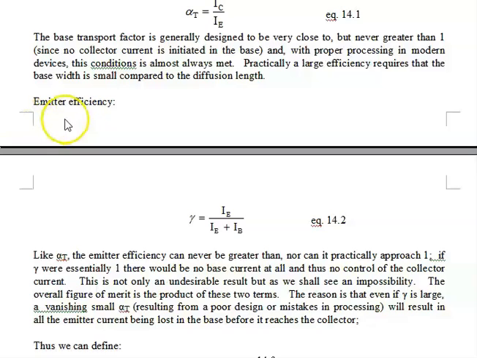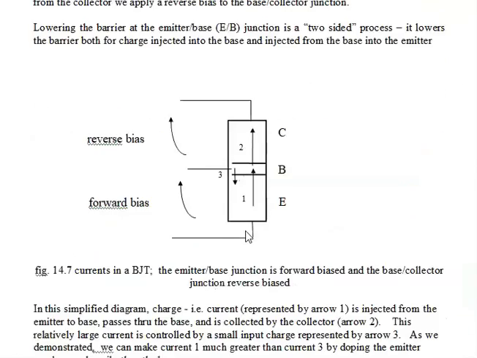And then we have the emitter efficiency, which is the more interesting of the two. And that is just IE divided by IE plus IB. That we would like to be close to 1, but it can never be 1. And in fact, we don't want it to be 1. Because if it was 1, that means that IB would be 0, which is a logical impossibility, because no matter how light the doping is, we're going to have some electrons which are going to be pushed from the base into the emitter.